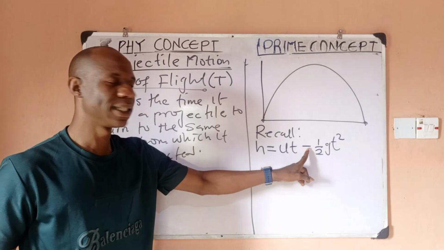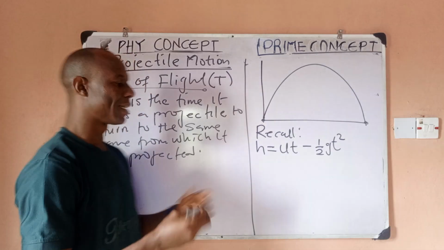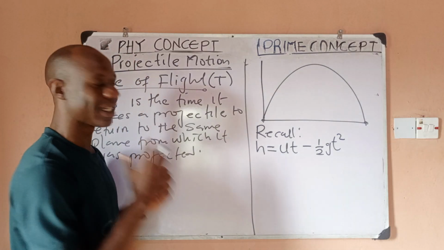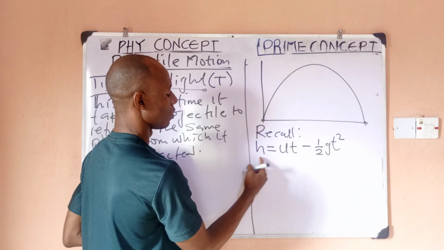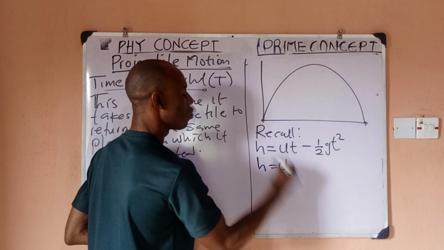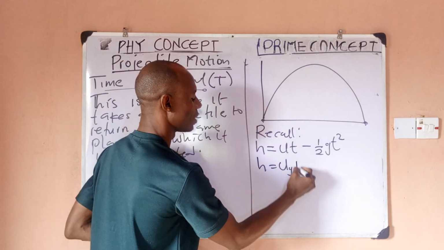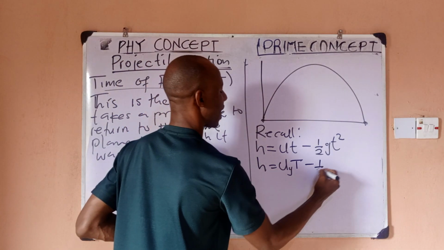Yes, because you're projecting up, that's why it is negative. Now, since we are considering vertical motion, we have h equals uy, the vertical component of our velocity, times, I'll be replacing with capital T, minus half g times what now?